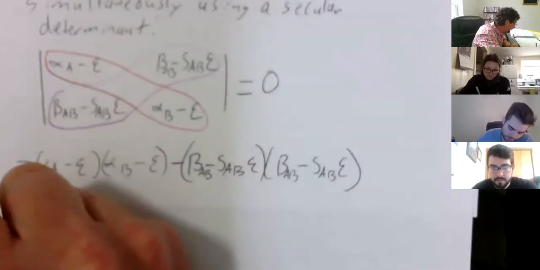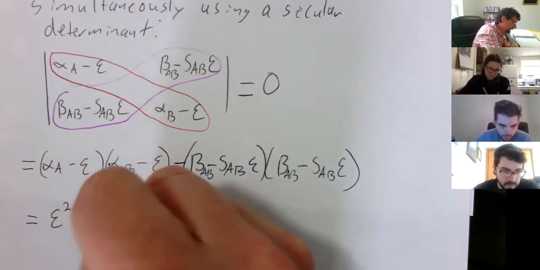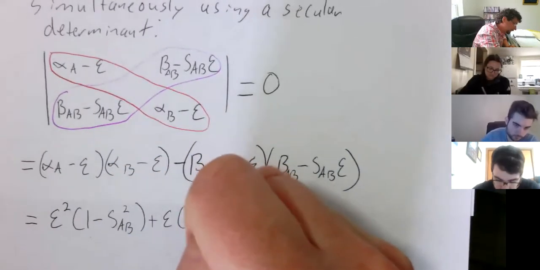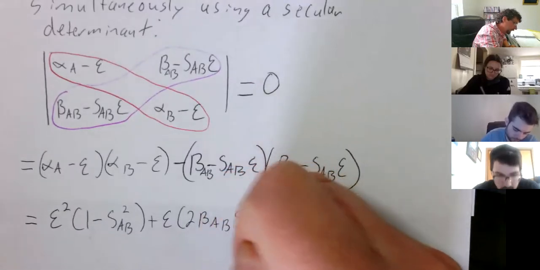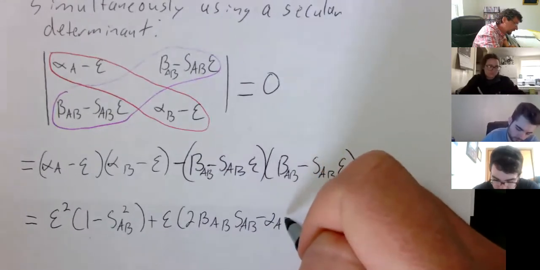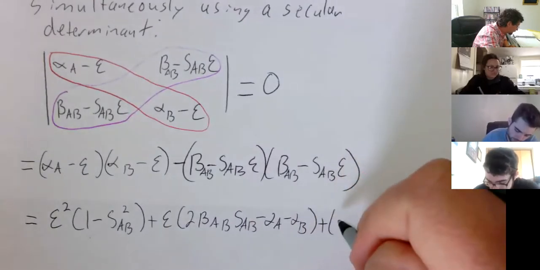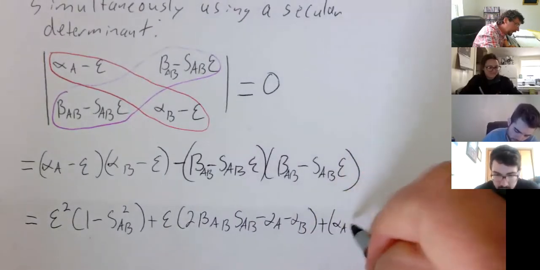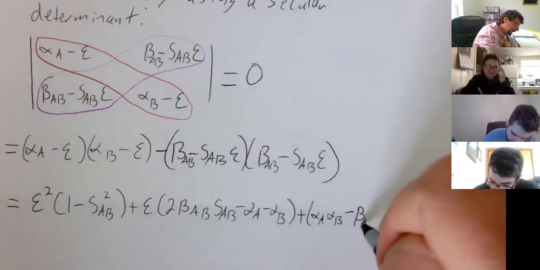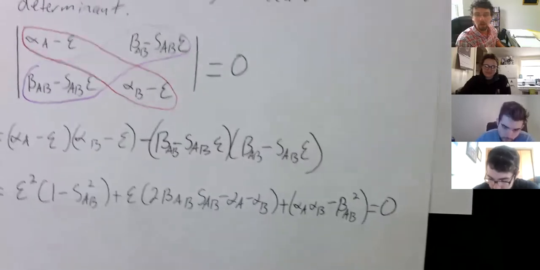What you get in the very end is epsilon squared minus 1 minus S_AB squared plus epsilon 2 beta_AB S_AB minus alpha_A minus alpha_B plus alpha_A alpha_B, beta_AB squared. All that's equal to 0.